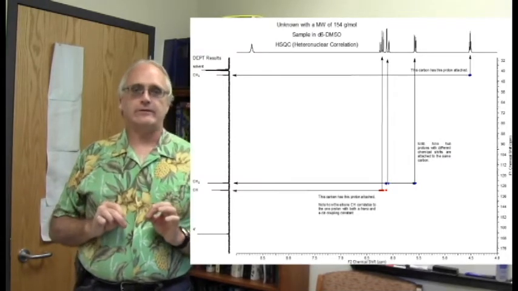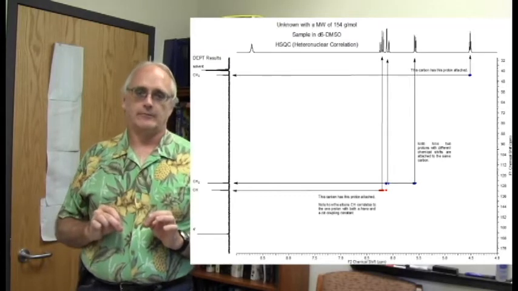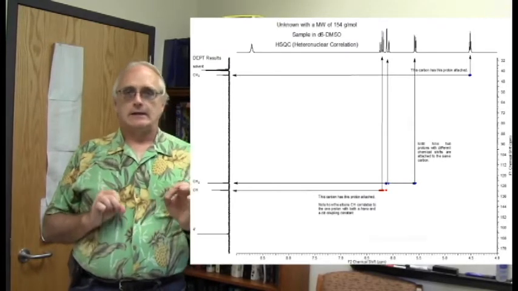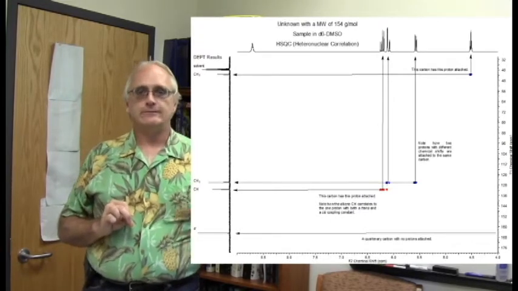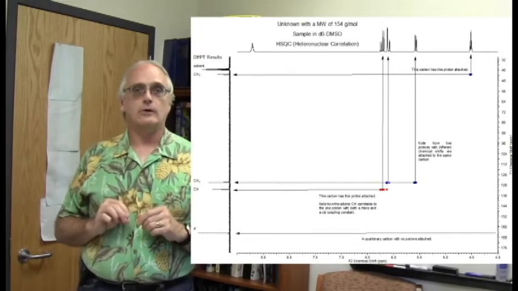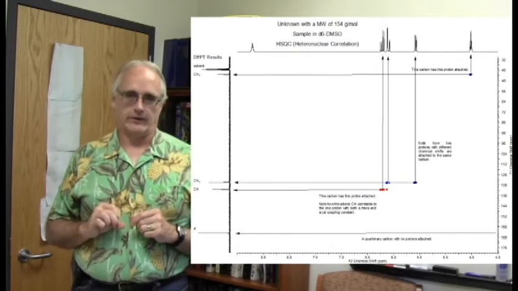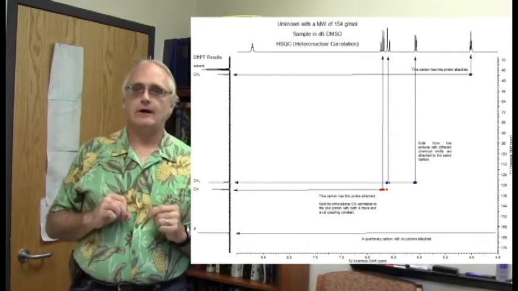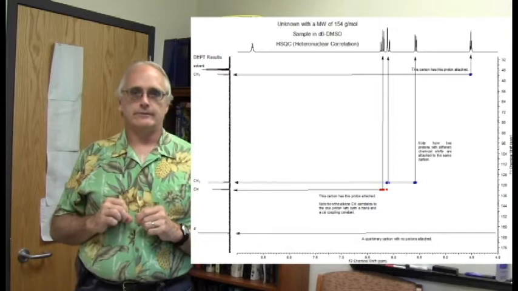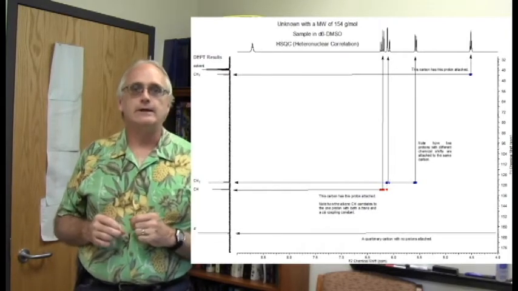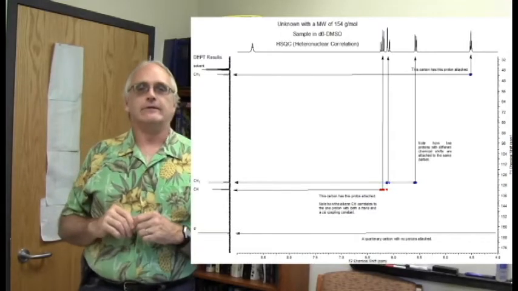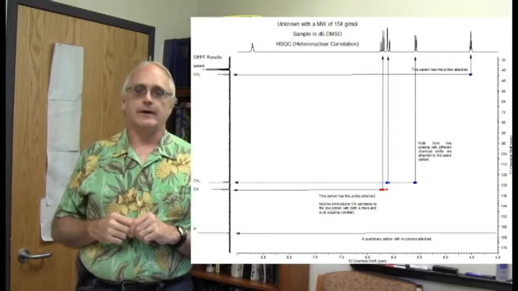The other interesting parts about this spectrum are the potential carbonyl carbon at 167. You look at it and see there are no correlations to the proton spectrum here. Indeed, this is a carbon with no hydrogens attached, like a carbonyl would be outside of an aldehyde, but there's no evidence of that in the chemical shifts of the proton spectrum.